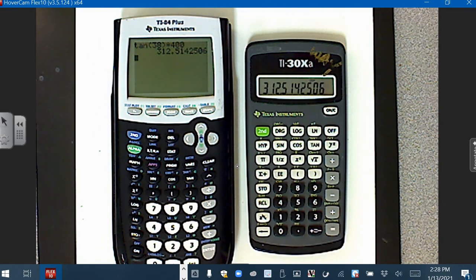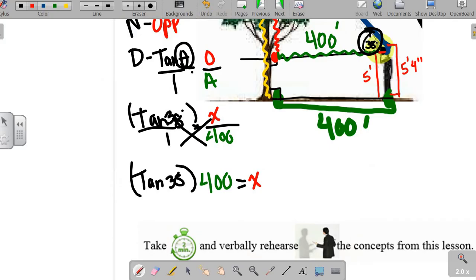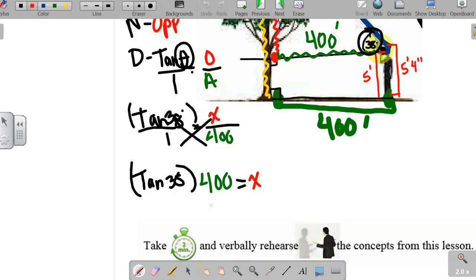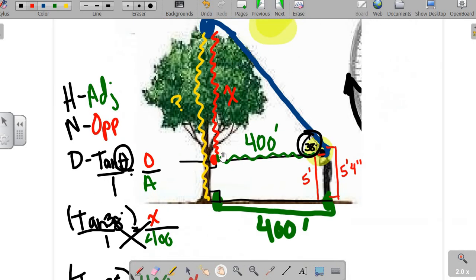Okay? That's 312.51. So this is a big tree. So our x here is 312.51 feet.